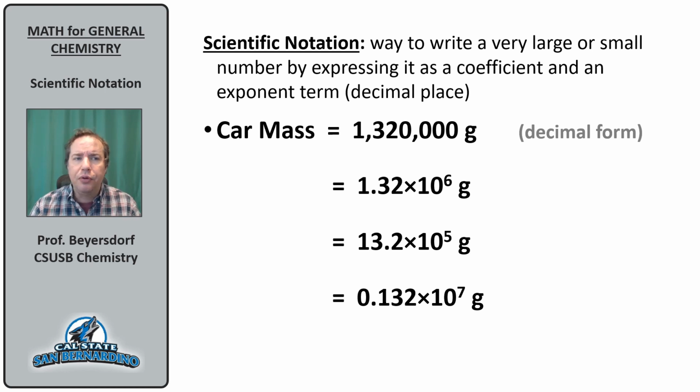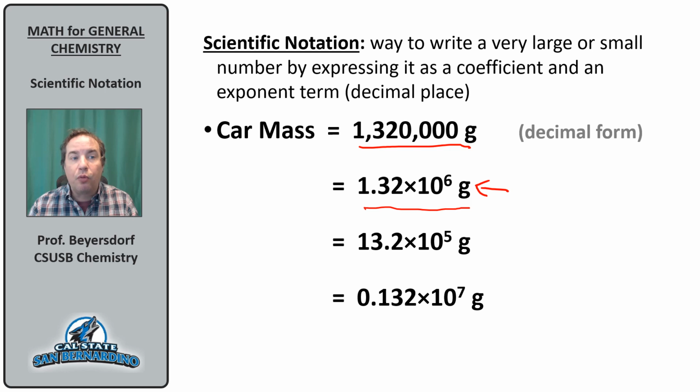But before we do that, it's important to know that I started off with this number. I turned it into this number. Those two numbers are the same. They're different ways to represent it. I could also write it as 13.2 times 10 to the 5 grams. This is also exponential notation or scientific notation, but it's not as standard as this way, because usually we want it between 1 and 9.99.